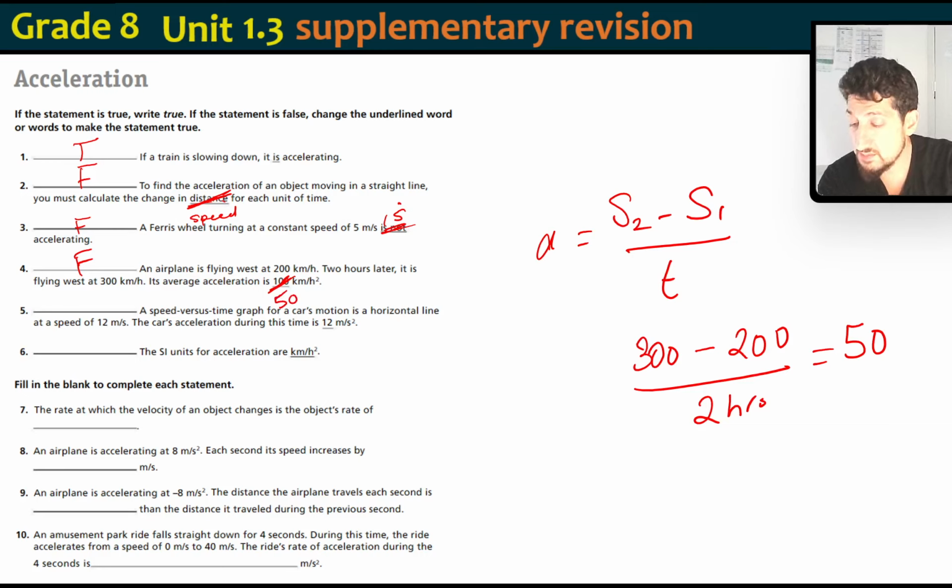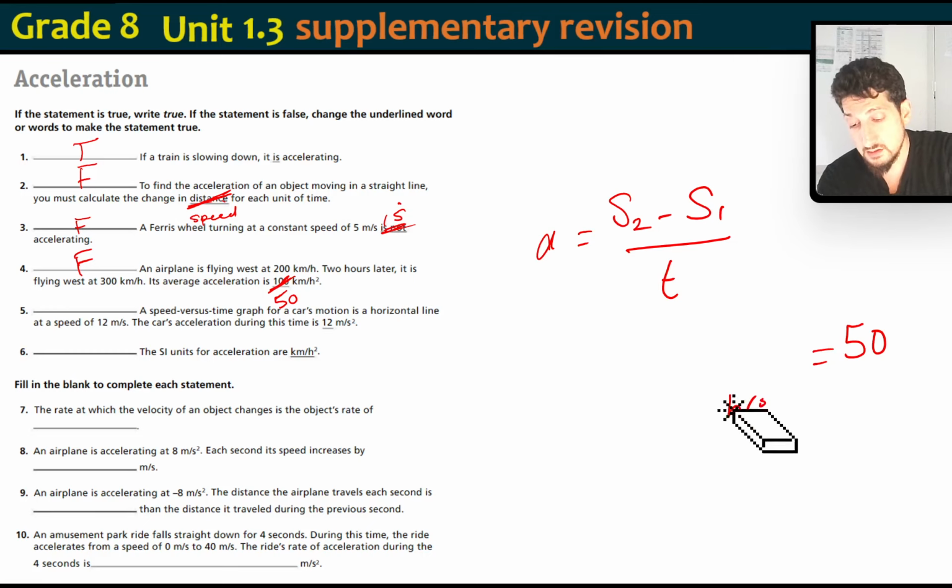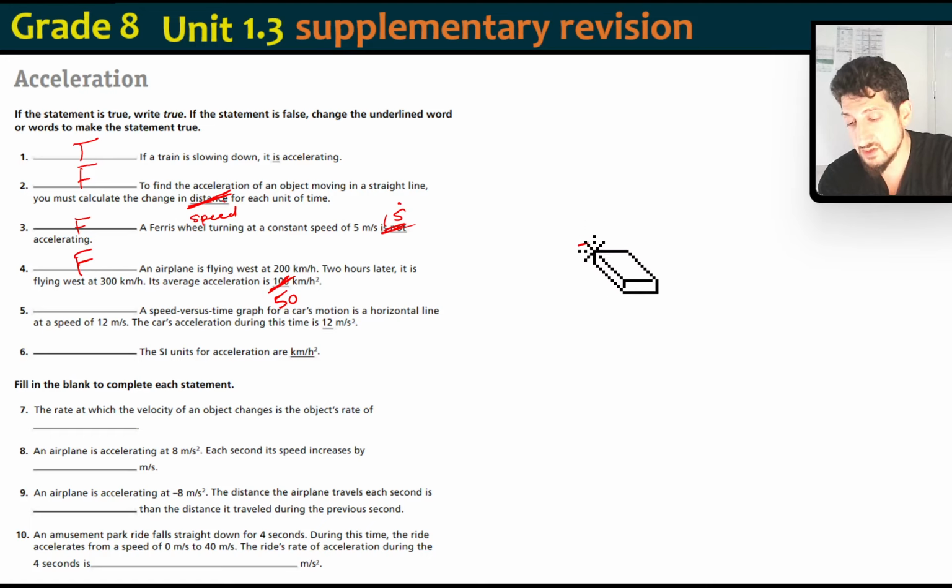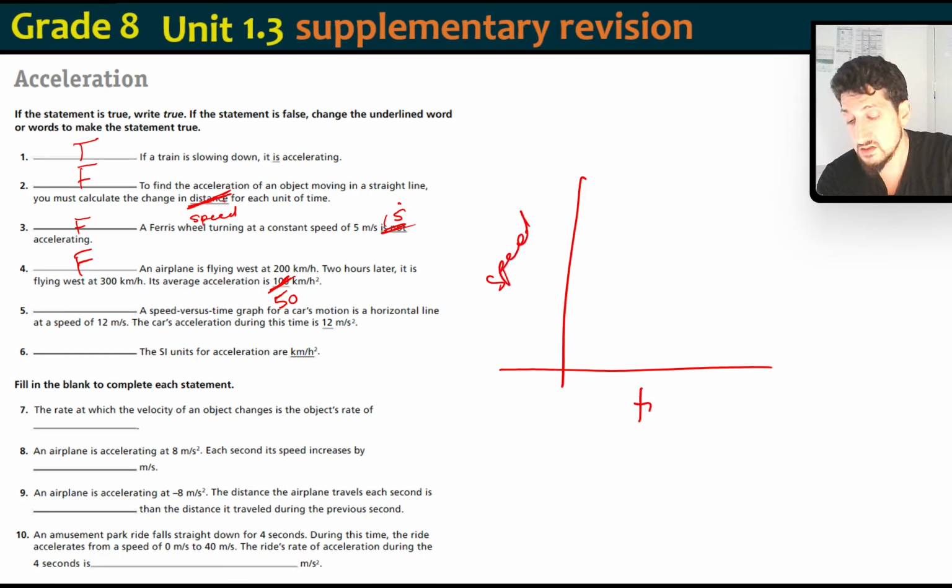Number 5 says a speed versus time graph for a car's motion is a horizontal line at a speed of 12. The car's acceleration during this time is 12. No, it is 0. Why? Let's understand the question first. If you don't understand the question, you won't be able to answer it. Here is a speed versus time graph. Speed, time.